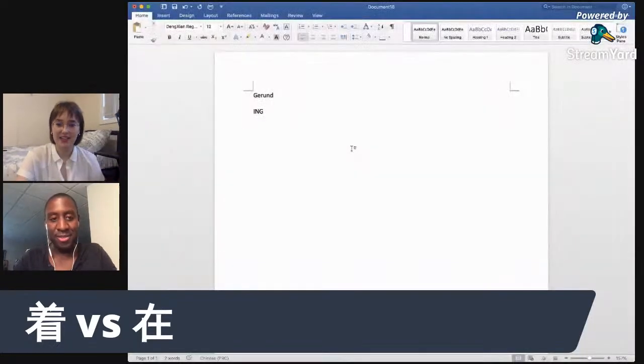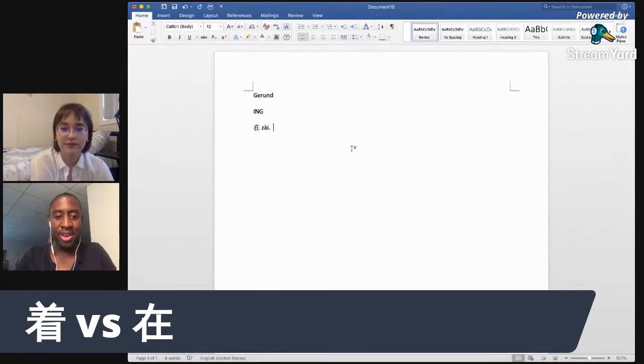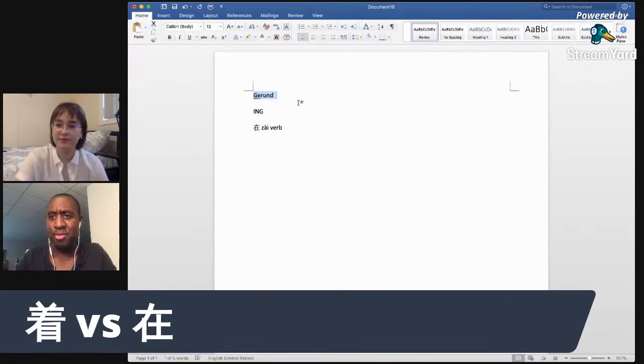So the whole format is, if you say Zai, which is the Zai character, and the pinyin looks like this, you have to have Zai and then whatever verb you want. Like 我在走路. 走路 is to walk. That is what we call a gerund form. It's happening right now. It could be called present progressive in English.